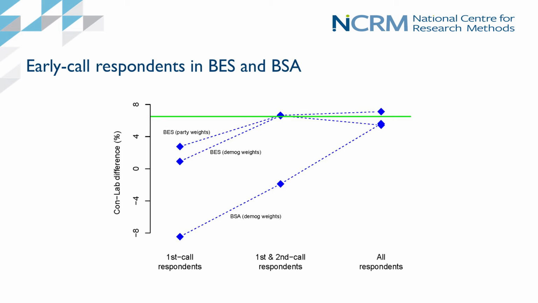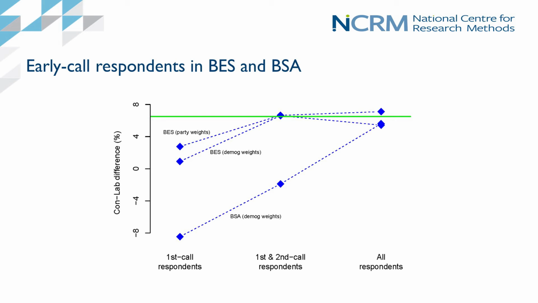So first column is if we only use those who were reached immediately, first call. Middle column, first or second, and then the final is the ones where you use all the data, however many attempts it took. With BSA and BES. So what you can see there is that there are clear differences. So looking at the first column in particular, the first call respondents, BSA, if you only use those, it would have been an 8-point Labour lead.